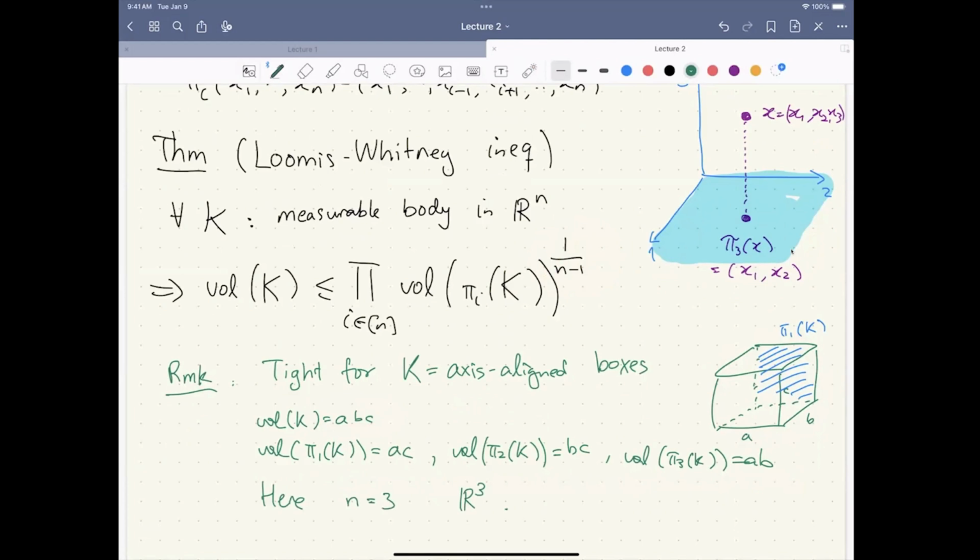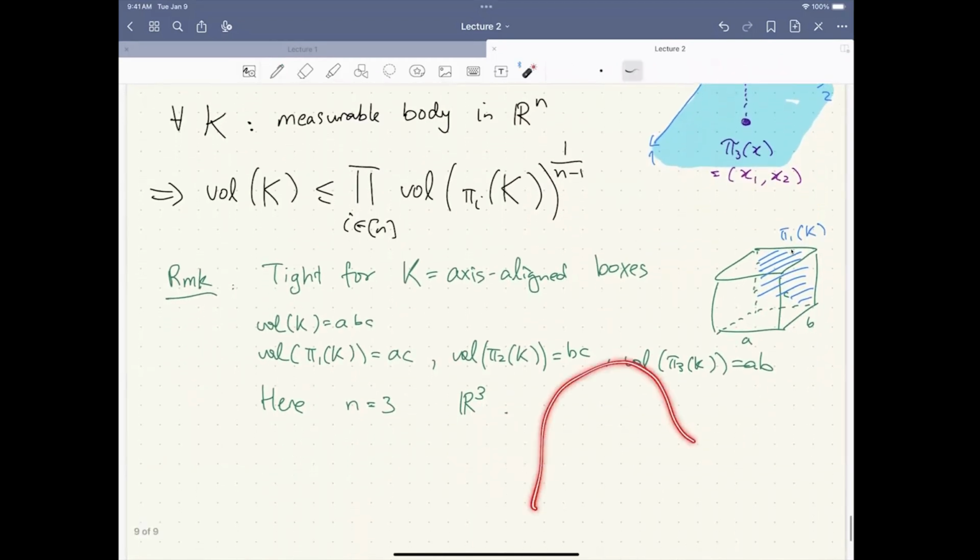Okay, let's see the proof of this. The proof is, we'll first use this discretization. K could be like a smooth shape, right? But we can use a limiting argument to assume that we can use cubes of the same size to approximate any smooth body's volume.